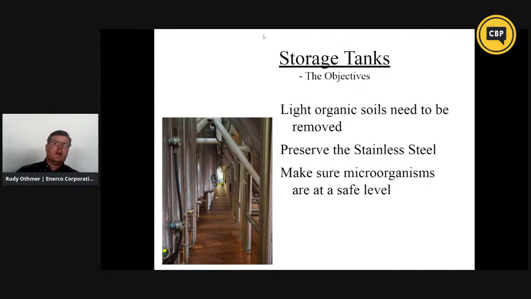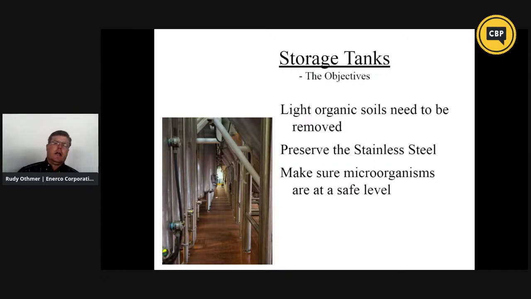So our storage tanks, we're using these a lot. Not as hard, if you will, in terms of the organic soils that are going to accumulate on there. Mostly lightly adhering, a little bit of residue left over.